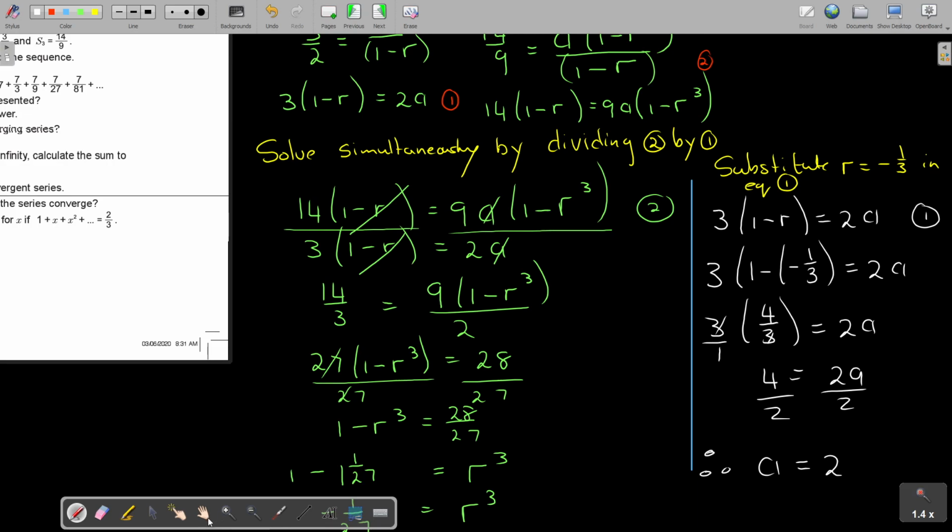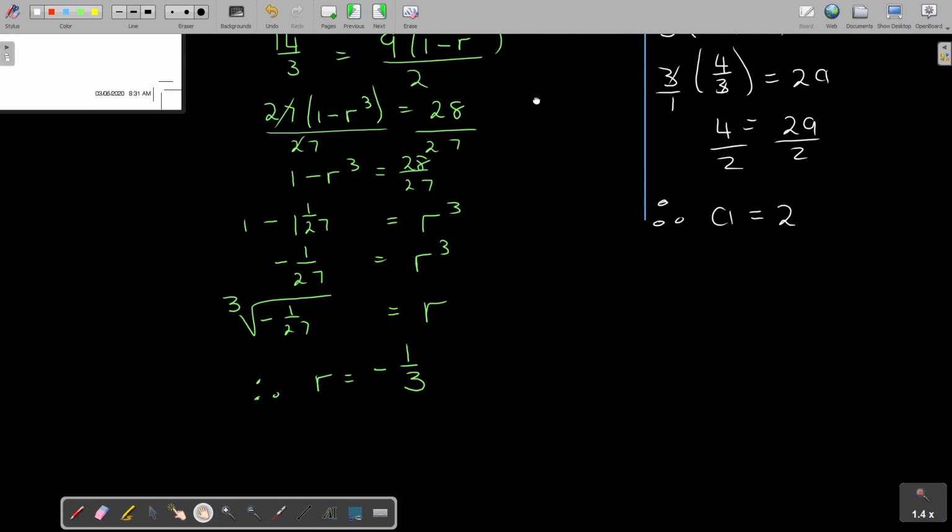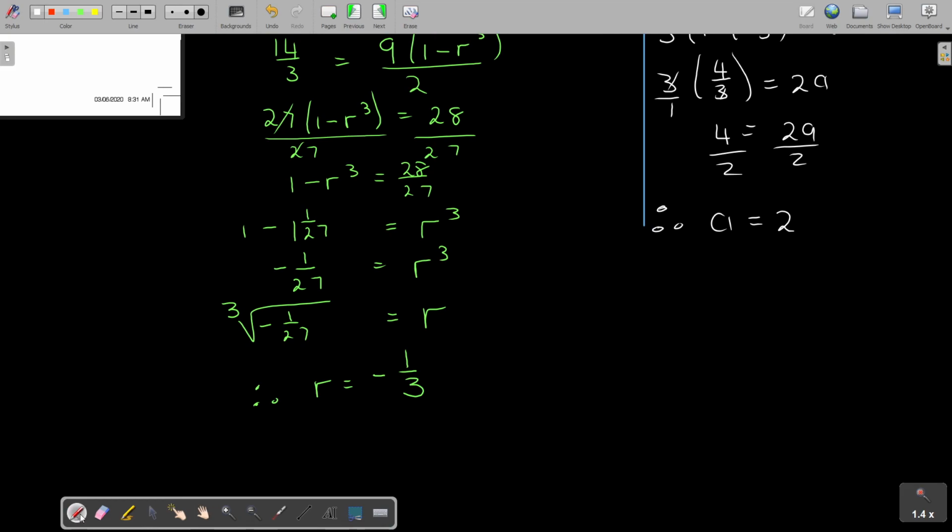And now I can start with my sequence. First 3 terms: the first term is 2. Then I multiply by negative a third, so it's negative 2 over 3.